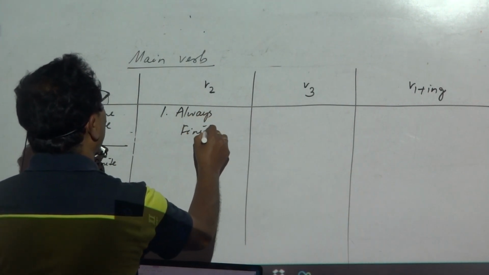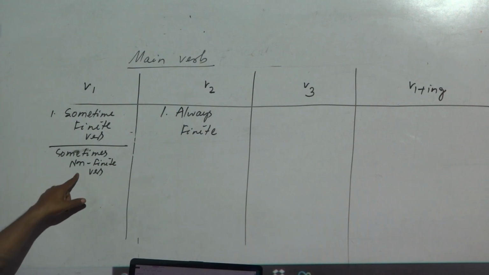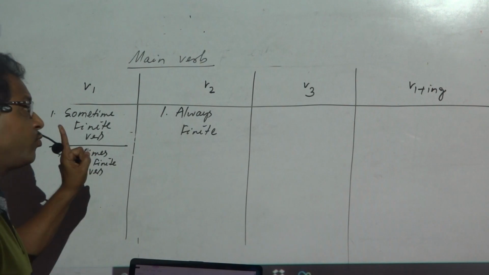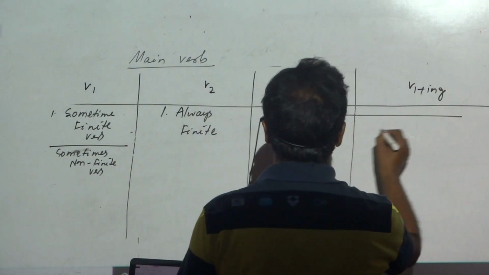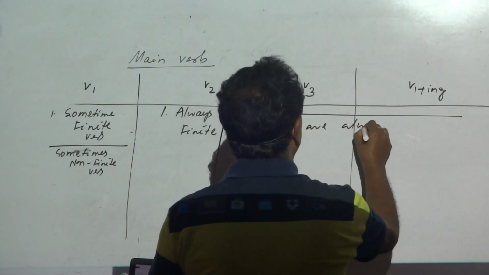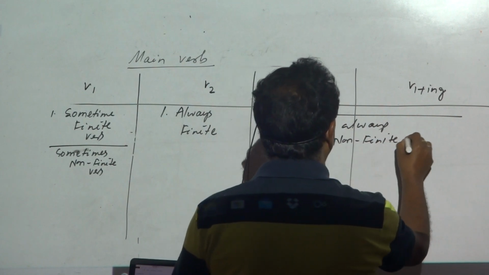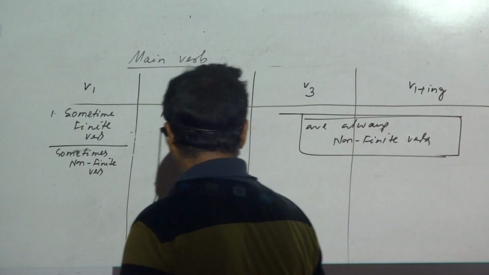This verb is sometimes finite, sometimes it comes in the first place of the verb phrase, sometimes in the second place of the verb phrase. But this one always comes in the first place, and V3 and V1 ing both are always non-finite verbs.